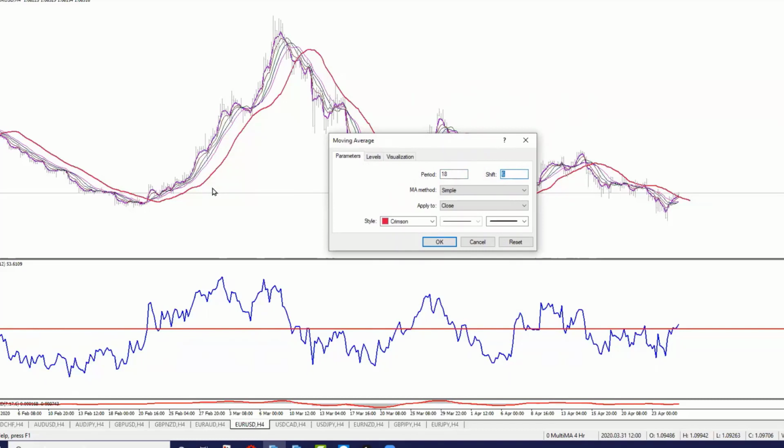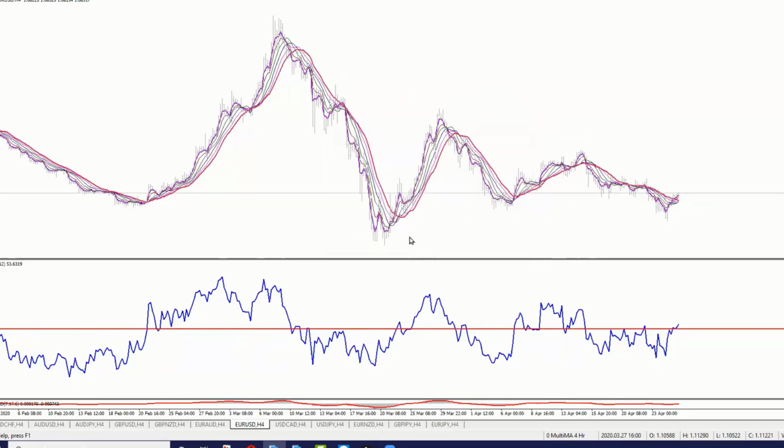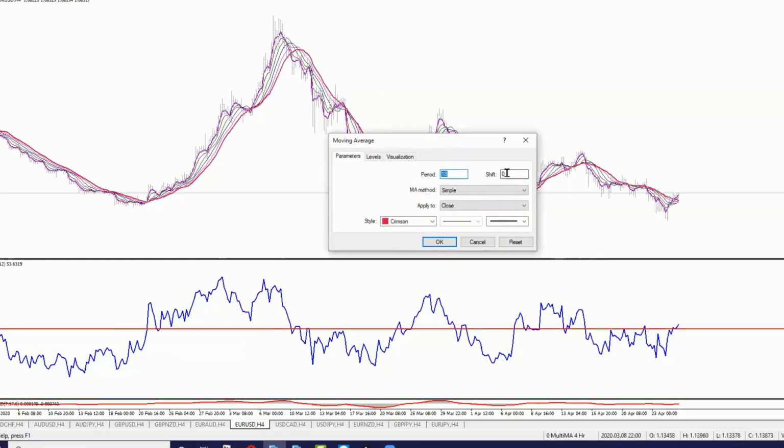So remember, the moving average offset is fantastic. If you shift it, it makes a great trend reversal indicator. If it's not shifted, it's a bit ordinary. But the minute you shift it, it becomes really good. This time I'm only shifting by 4.